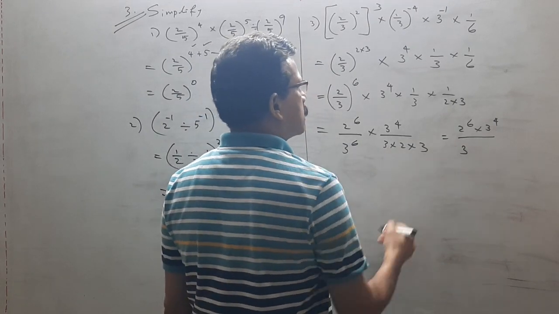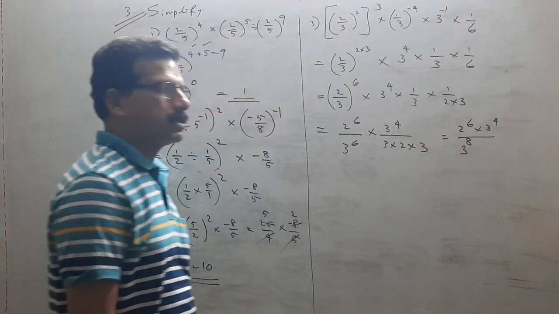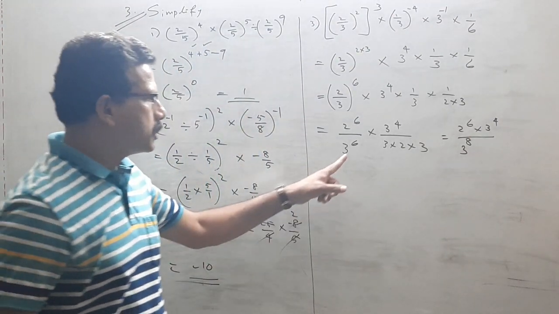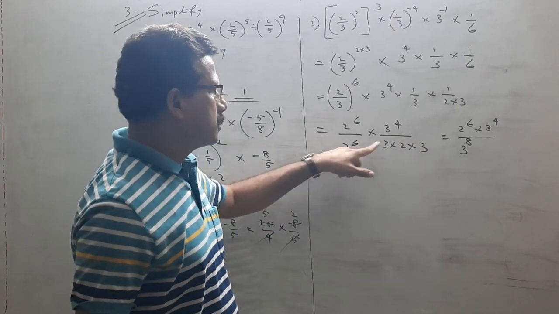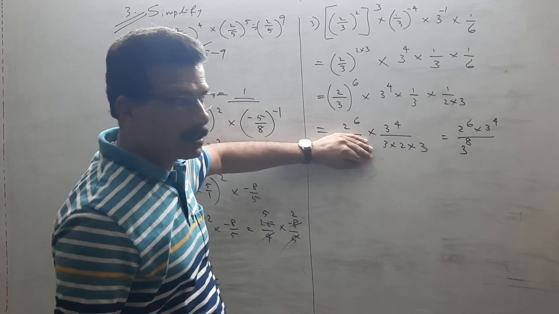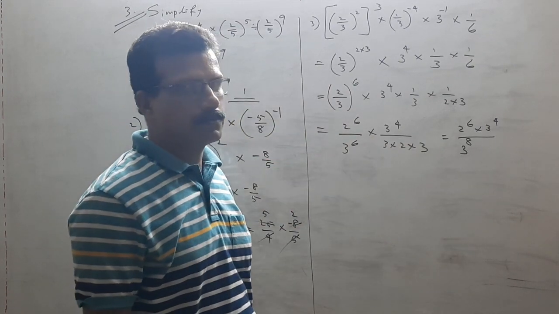That means 3 to the power 8. Understanding or not? 3 to the power 6, 3 to the power 7, 3 to the power 8, 6 plus 1 is 7, one more is 8, 3 to the power 8.